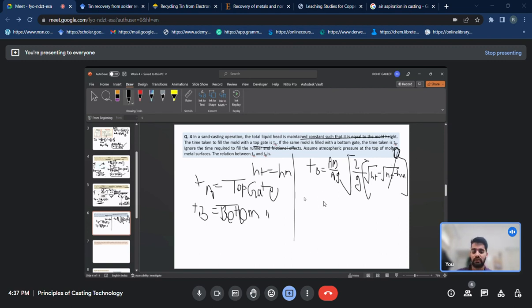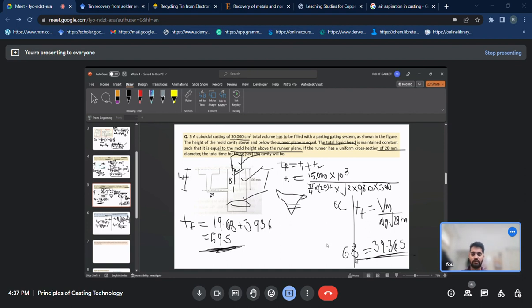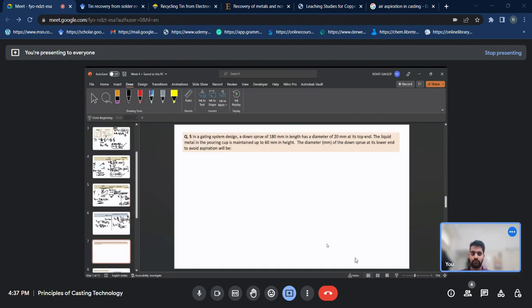Then again you can find out for the top gating system, this will be the volume of the mold divided by the area of the gate and velocity, written in terms of 2g, as time. So now again you can equate it, which you have already solved in the previous problem, and you can get it.